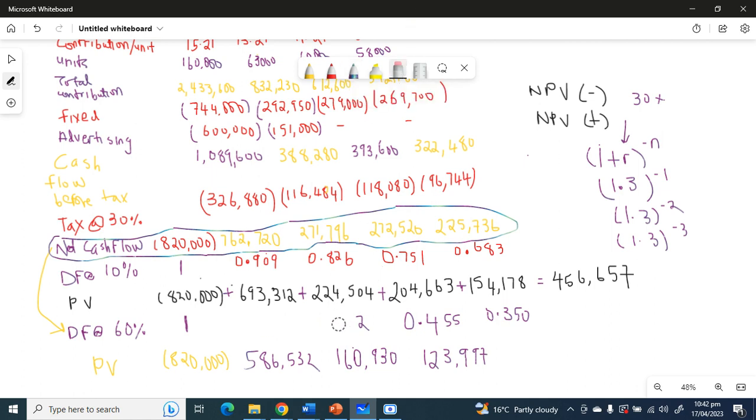That's why, colleagues, once it reaches the internal rate of return, this is the point you use a pencil.